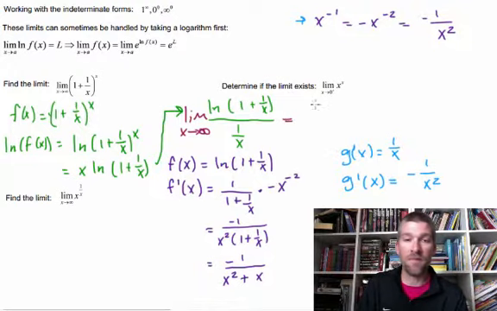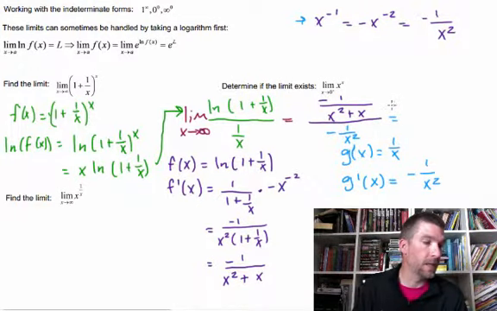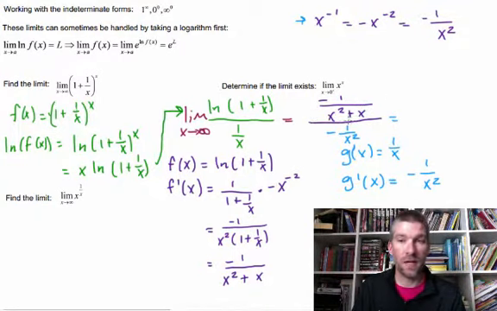So my f prime has become negative 1 over x squared plus x. My g prime of x has become negative 1 over x squared. Use L'Hopital's rule again and see what happens here. Well, remember that we're going towards infinity, so the way it's written right now doesn't look like it's going to work.